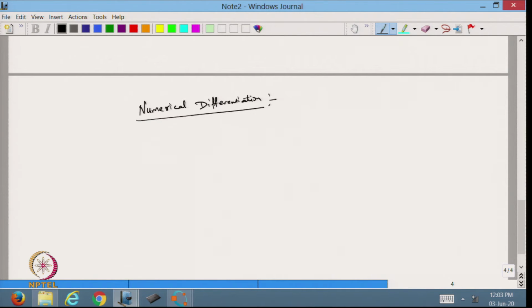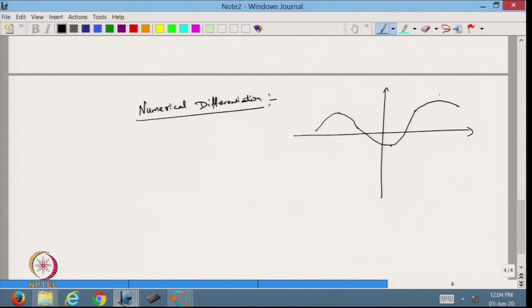So, numerical differentiation is that, now suppose I have the data, and suppose this is my data. So, let me take the interpolating polynomial from here, or maybe a cubic spline.